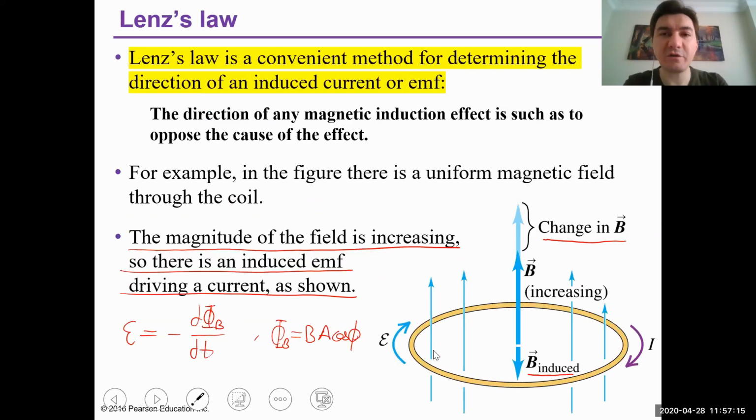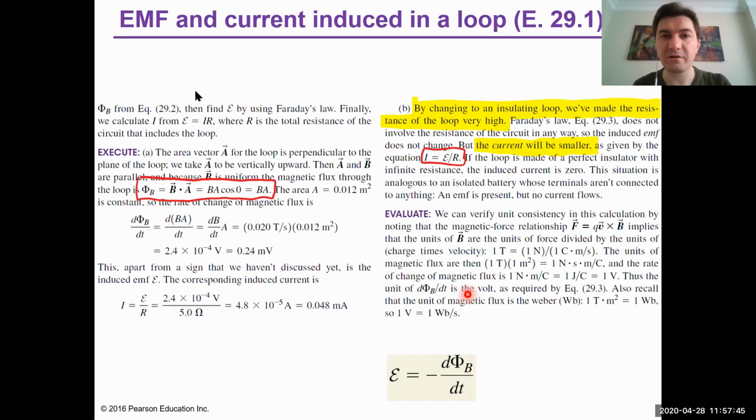Now let's continue with the Lenz law. What is Lenz law? Lenz law is a convenient method for determining the direction of an induced current or induced EMF. So we have learned how to determine the direction of the induced EMF here. Lenz law provides another method.